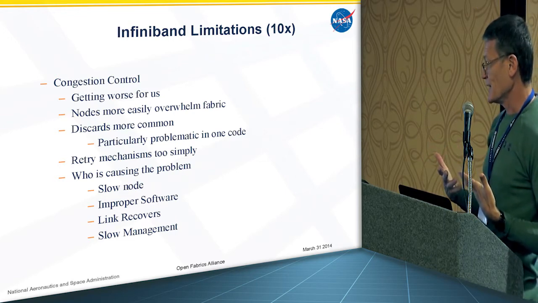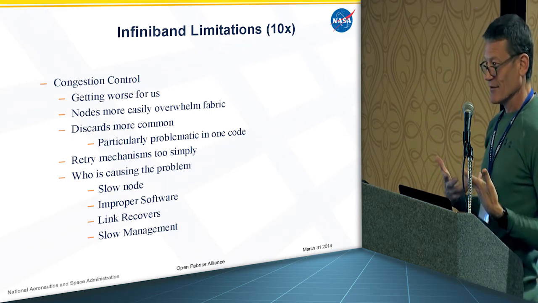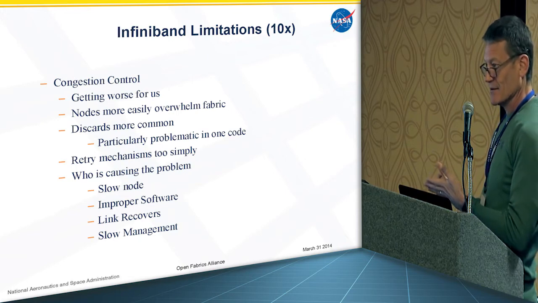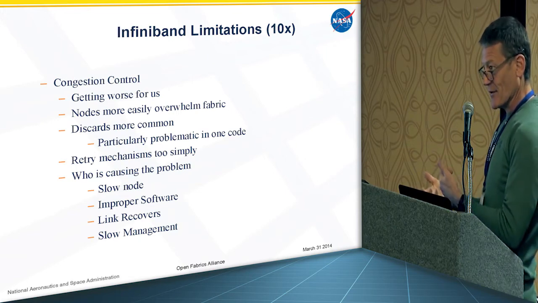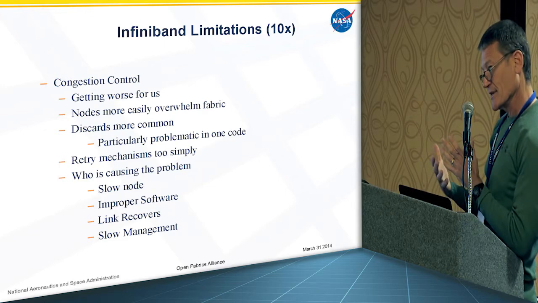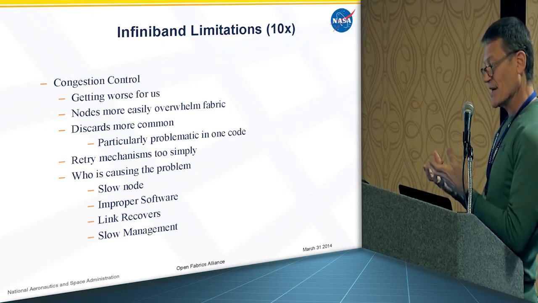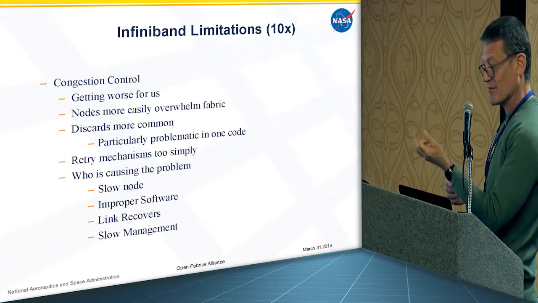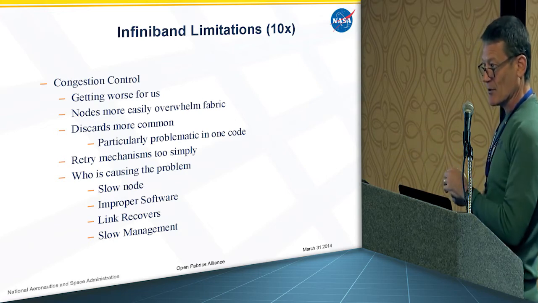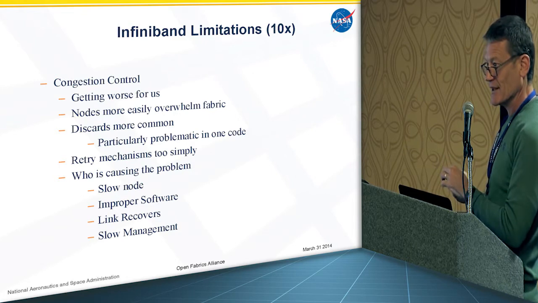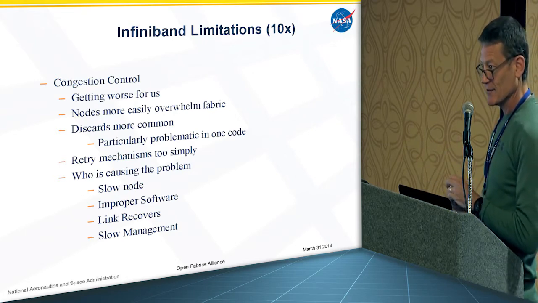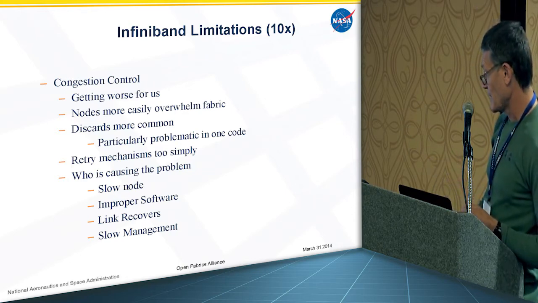And discards can be caused by lots of things: errors in the fabric, cables retraining, nodes going down. All sorts of things can cause us to lose packets in the network, break reliable connections because the recovery mechanism for reliable queue pairs is too simple. And the 7 retry mechanism with the fixed replay is just not something that works at scale.